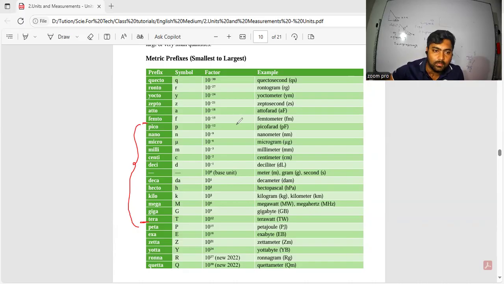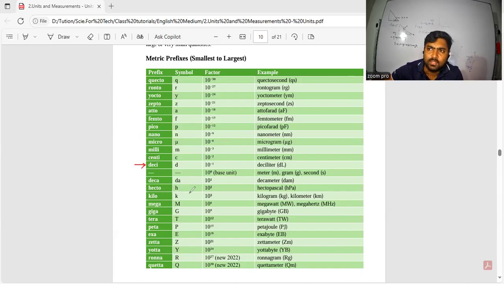So pico means 10 to the power minus 12. Nano means 10 to the power minus 9. Micro also, we are familiar with this one, 10 to the power minus 6. Milli we know. Centi also we know. I think you are not familiar with this deci prefix.